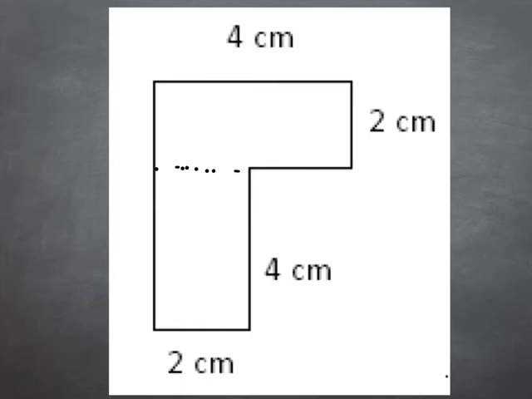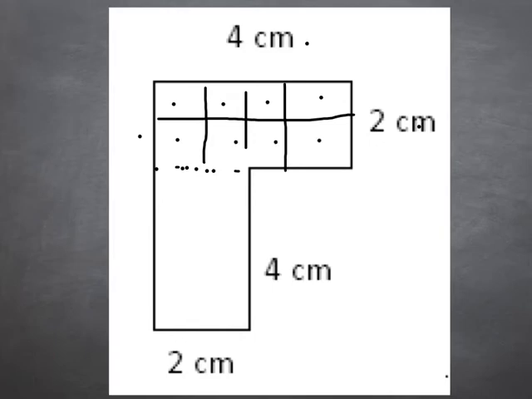Alright, for this rectangle here, we have 2 times 4. So we could divide this into 2 blocks of 4. Well, that didn't work very well, did it? 1, 2, 3, 4, 5, 6, 7, 8 blocks. So the area of this one is 8.